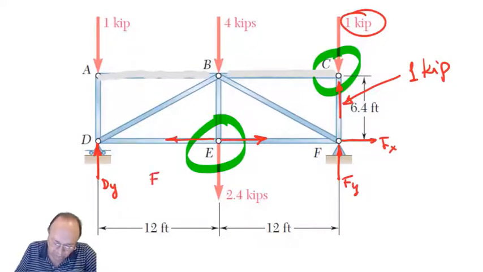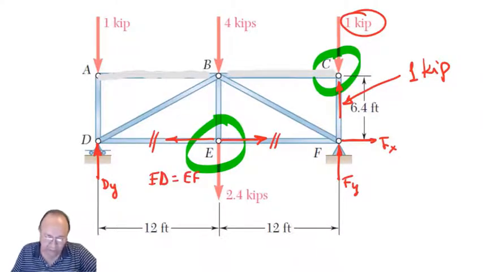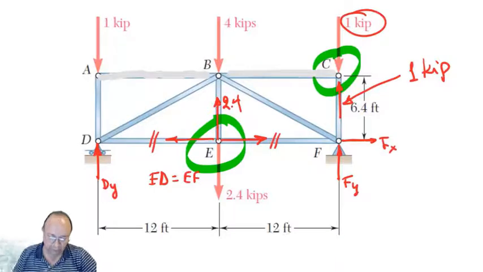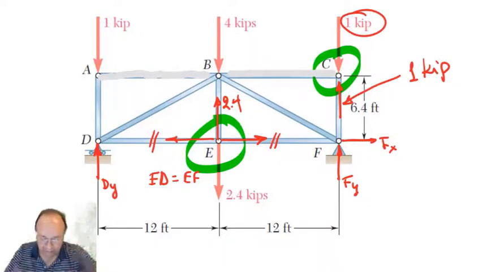ED equals EF. And BE equals 2.4, because summation of forces in the Y direction has to be equal to 0. So you don't have to set up any equation, you just state that.